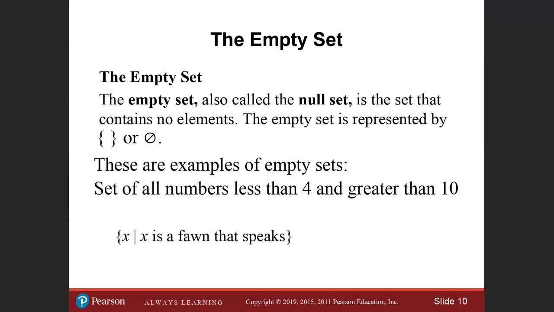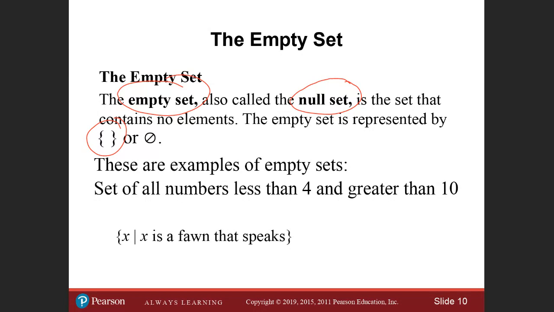Next, we have the empty set, and I think most of you are familiar with the empty set. It is otherwise known as the null set or empty set. You can see you're using the braces again, and if there's nothing inside, that would be the empty set.